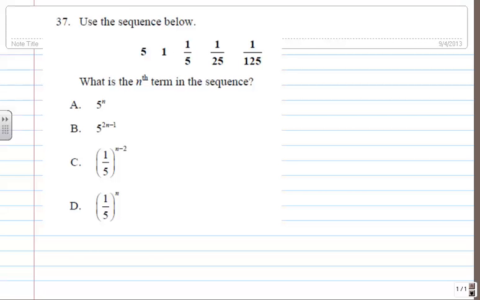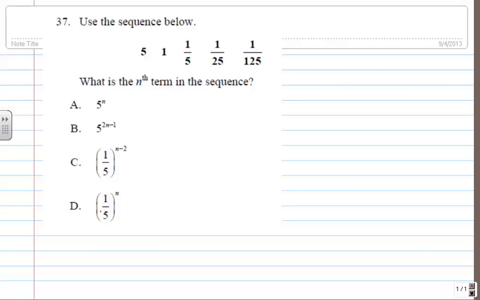HSPE. Problem number 37. Use the sequence below: 5, 1, 1 over 5, 1 over 25, 1 over 125, in order to determine what is the end term in the sequence. And you have a few options here.